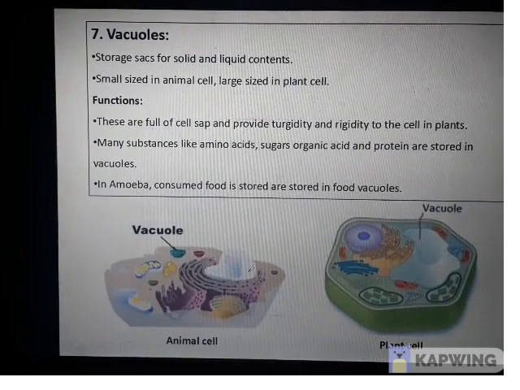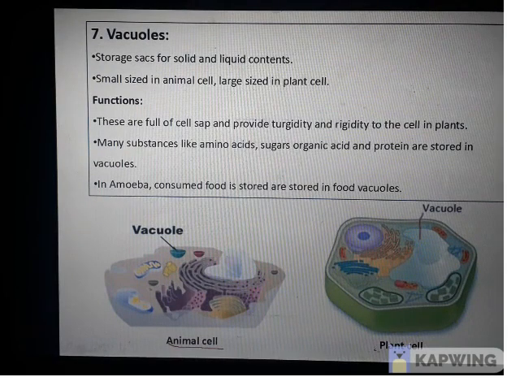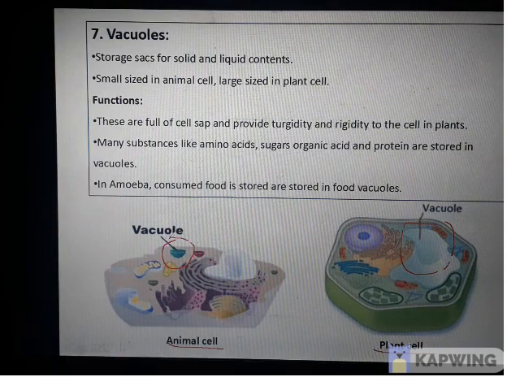Vacuoles: in plant cells the size of vacuoles is very big. If you see these two figures in the end, this is animal cell and this is plant cell. So if you see here, this is your vacuole. It's very big in plant cell, whereas in animal cell it is very small. This is also a major difference between plant cell and animal cell. It helps in storage of solid and liquid content.